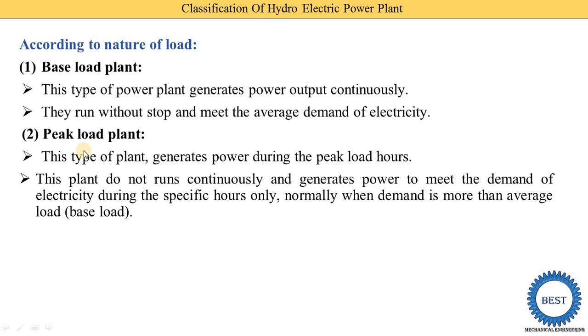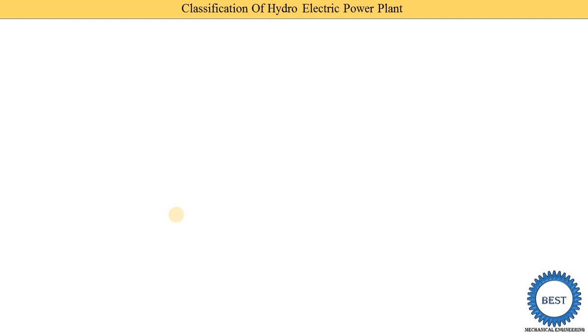They generate power to meet the demand of electricity during specific hours only. When demand is more than the base load, at that time the plant is started, it is called a peak load plant.